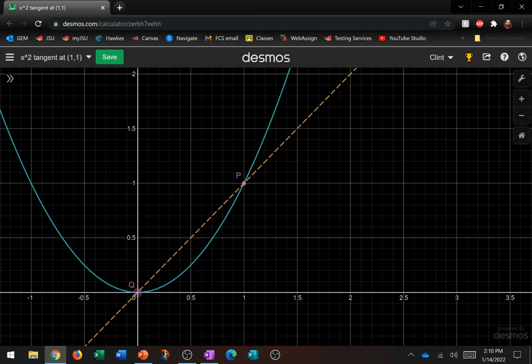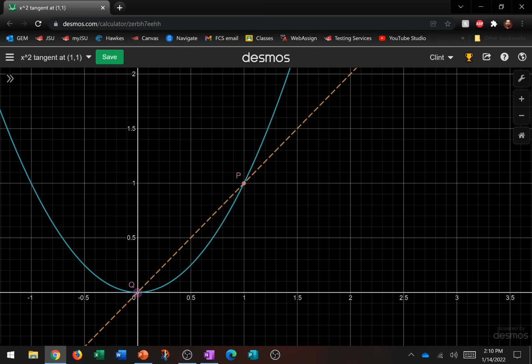So let's look at something that happens here. We're trying to estimate the tangent line, the one that only touches right at P. We could get a better estimate. We could make our orange line be closer to what our tangent line at P would be.